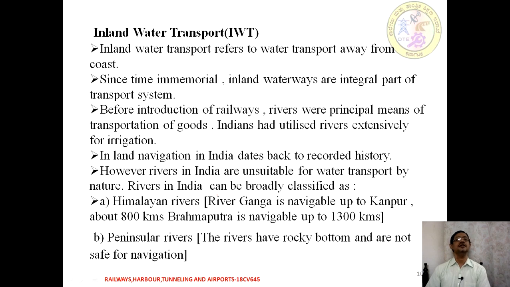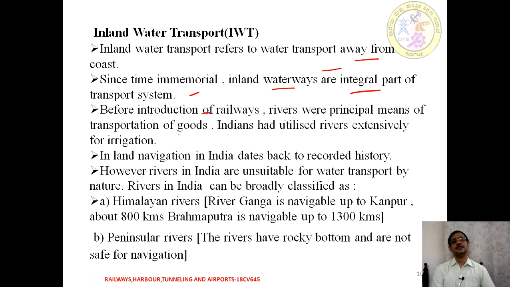Apart from the seashore, if we operate water transport on rivers or any other such waterways, it is called inland water transport, or IWT. Inland water transport refers to water transport away from the main coast. Since time immemorial, inland water has been an integral part of water transport.